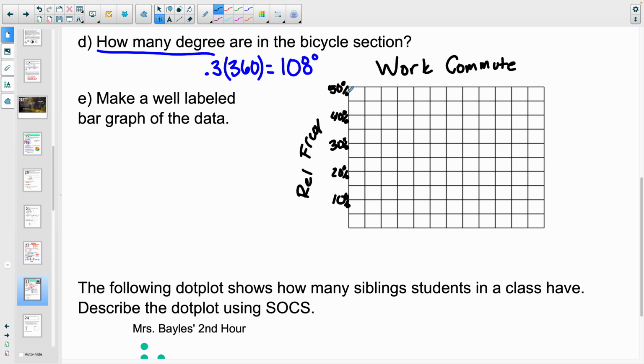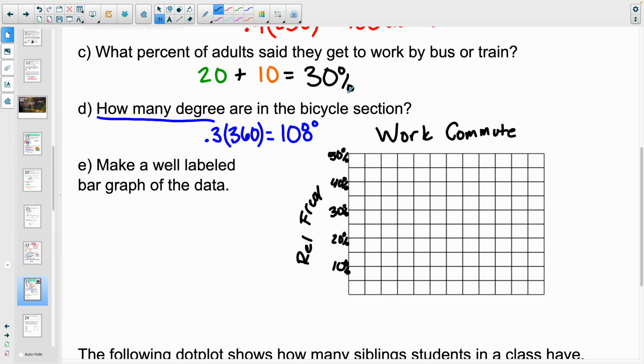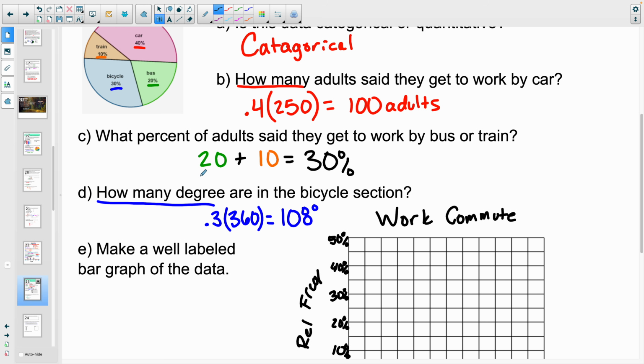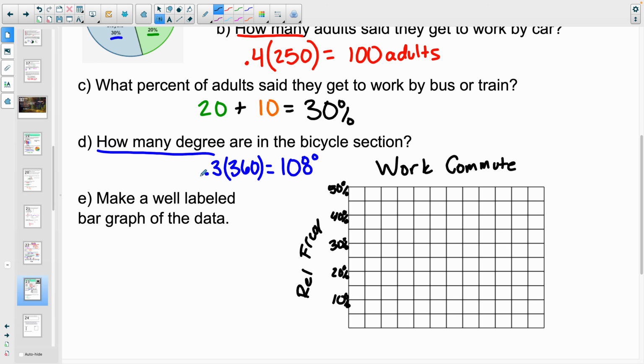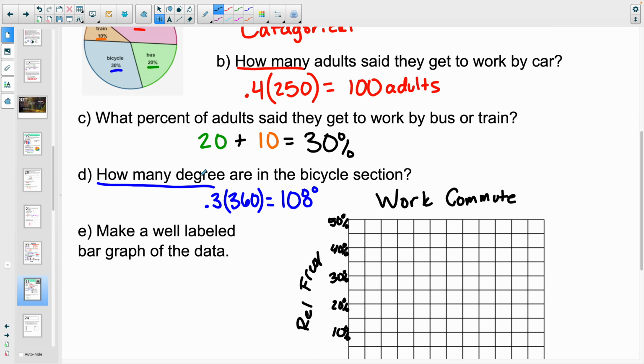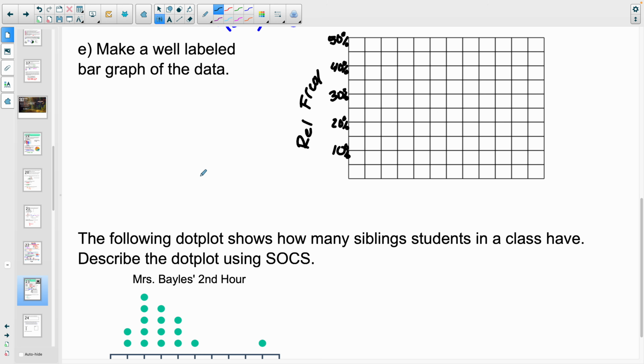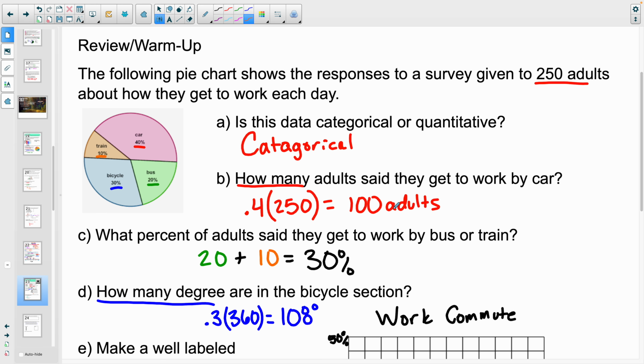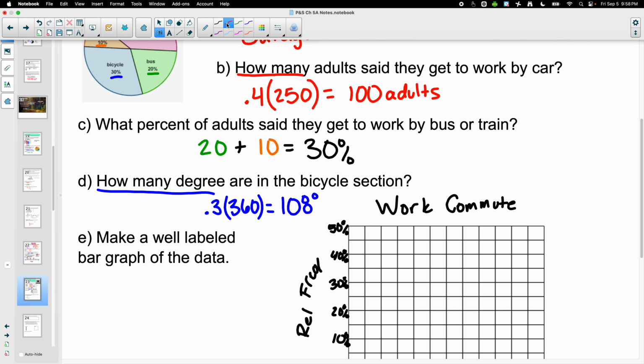Then we have to go ahead and label each one of these categories. So we have train, car, bicycle, bus, right? Train we'll keep as purple, orange. Again, I'm going to use 2 spaces here, so train. And then the next one, we can do car, which is in red.